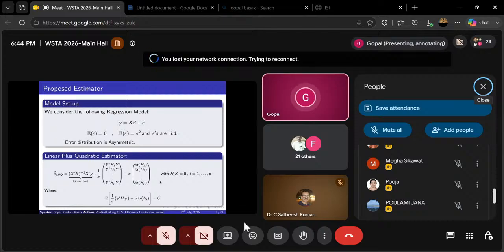Both would be applicable. Here I think we wrote the one-sided. So this gives the estimator beta tilde LPQ, the linear plus quadratic estimator. This is unbiased because of this added part here, sigma times this.